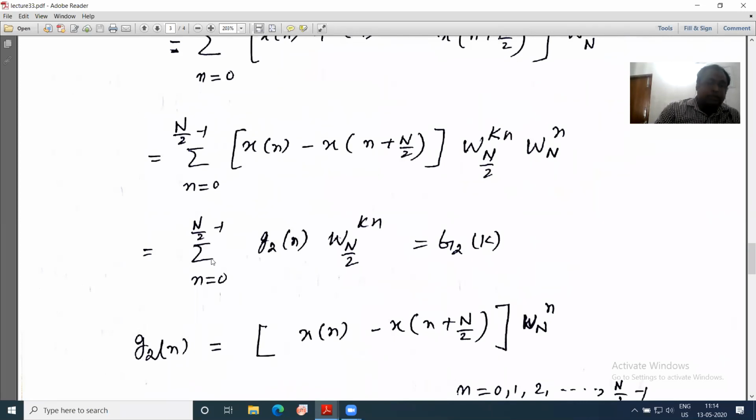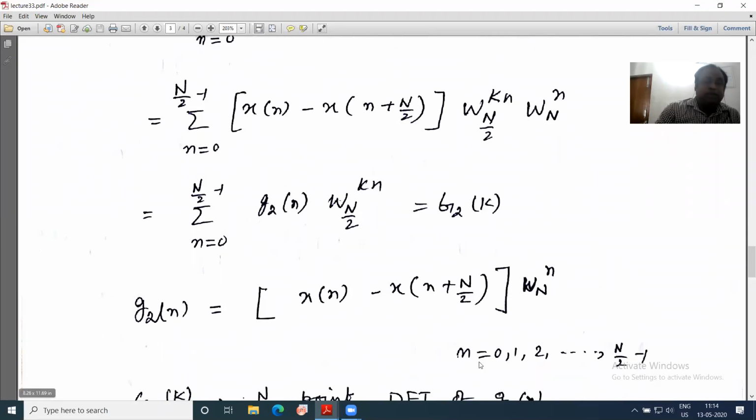Here n is varying from 0 to n by 2 minus 1, and this is n by 2. Therefore, g2 of k will be the n by 2 point dft of g2 of n, where g2 of n equals x of n minus x of n plus n by 2 into wnn, and this n will vary from 0 to n by 2 minus 1. Agreed?